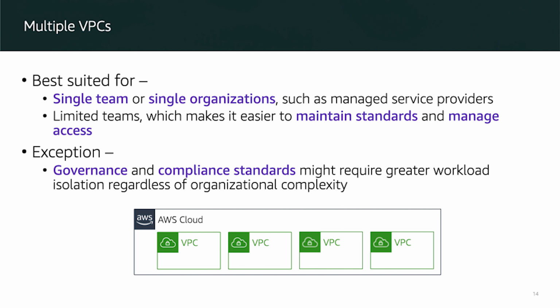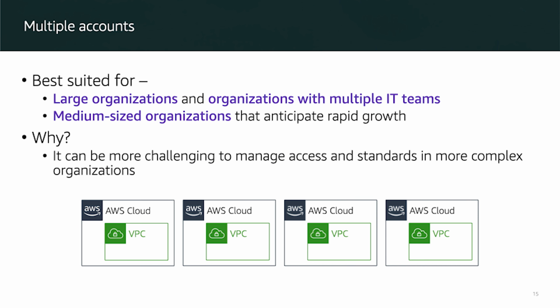You can also create multiple VPCs in the same AWS account or in multiple different accounts. Now, this is normally referred to as the multiple account pattern, which is more suited for enterprise customers or organizations that have multiple teams spread around the globe.